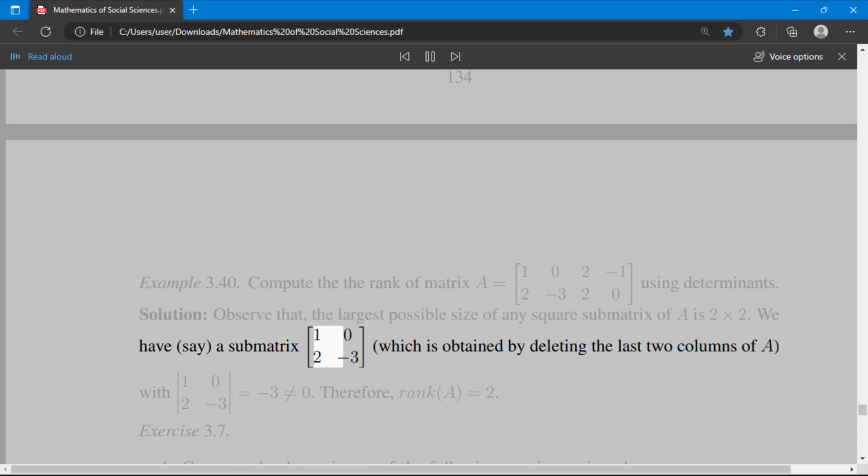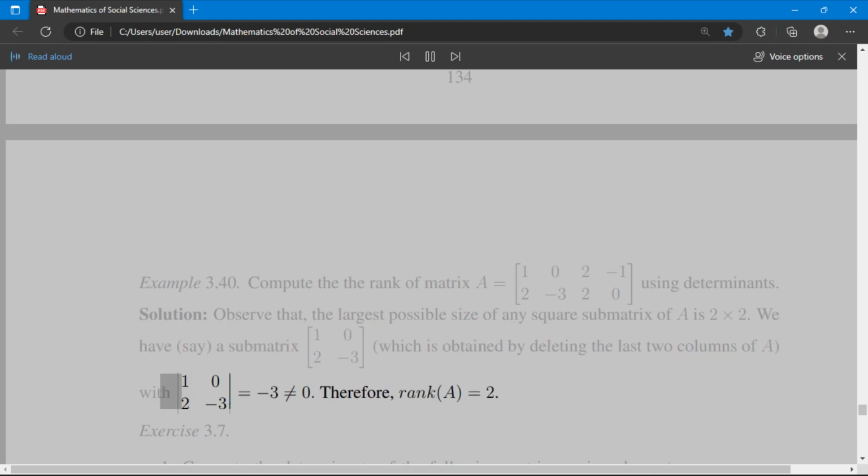We have, say, a submatrix 1 0, 2 3, which is obtained by deleting the last column of A. With determinant of 1 0, 2 3 equals 3 minus 0, which is non-zero. Therefore, rank A equals 2.